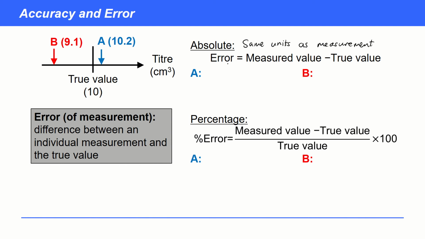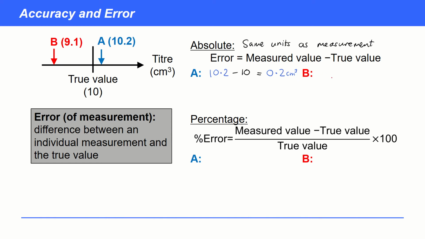And that's simply defined as the measured value minus the true value. Notice the way the subtraction goes: measured minus true. So for A, we'd be doing 10.2, take away 10, which comes out to be 0.2 centimetres cubed.